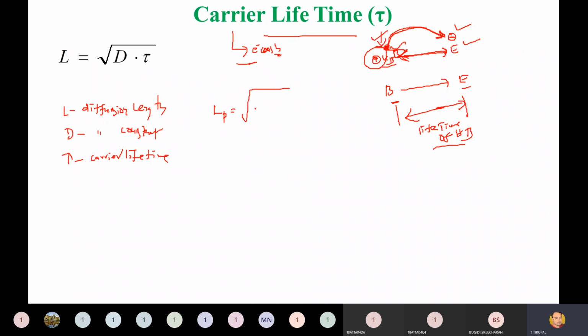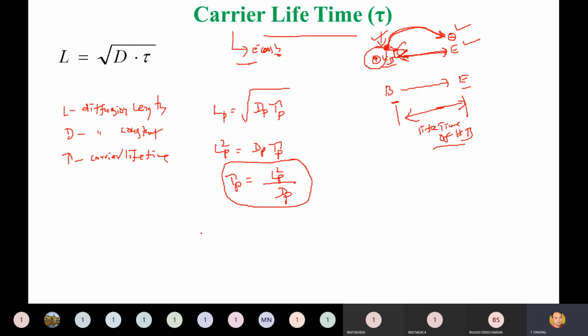Lp is equal to square root of Dp into tau p. Therefore Lp square is equal to Dp into tau p. So tau p is equal to Lp square divided by Dp. This is the formula for calculating the carrier lifetime of holes.